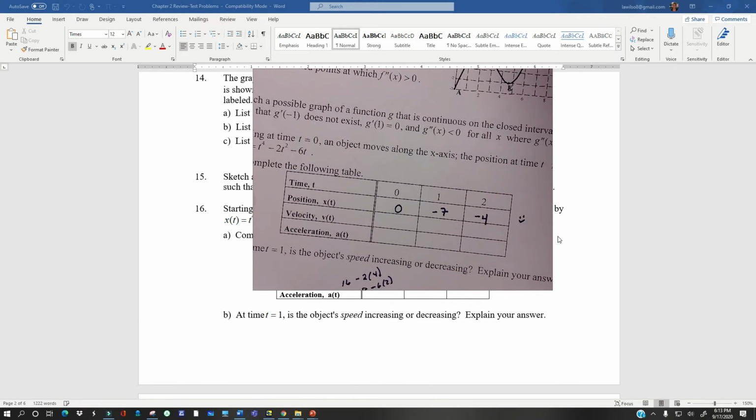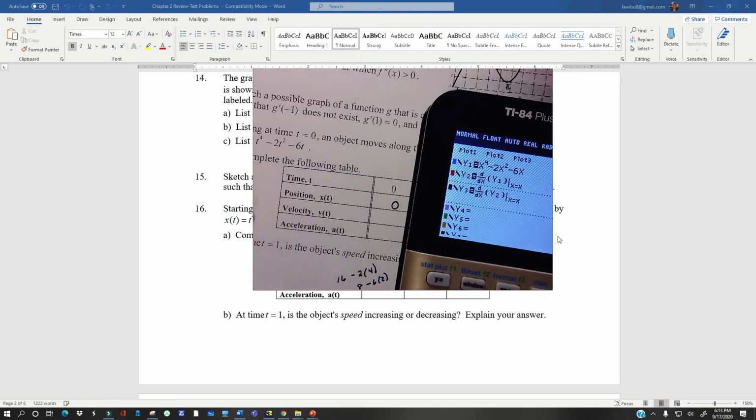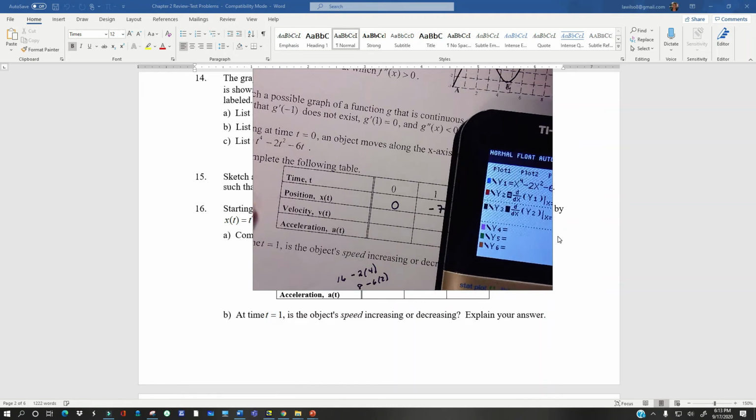Now the second ones, you're going to have to use your graphs, all right? So what I would do is I would shut off the graph of the original. So you just arrow over to the equal sign and press enter, and you see how this one up here is not highlighted anymore? That means I shut it off. And I'm going to shut off the second one too, because I'm just focusing on velocity, all right?